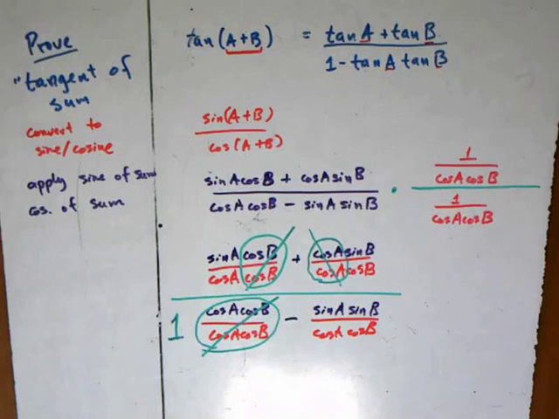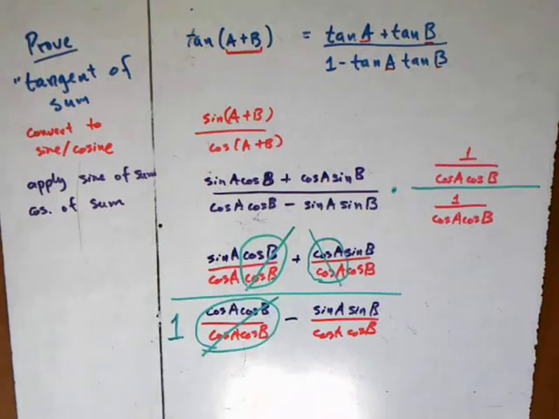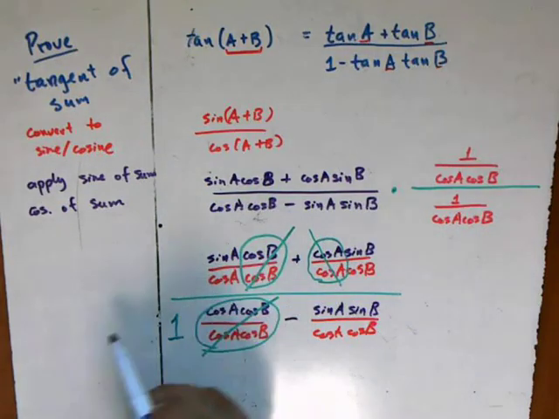And so now what you see here is on the top, I have sine A over cos A on this part right here.